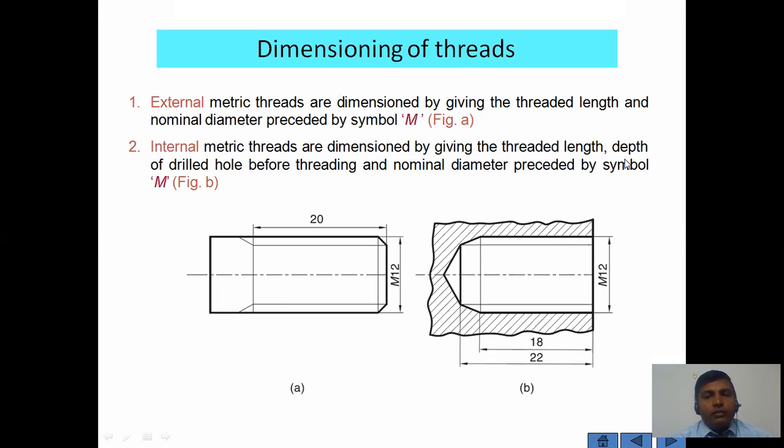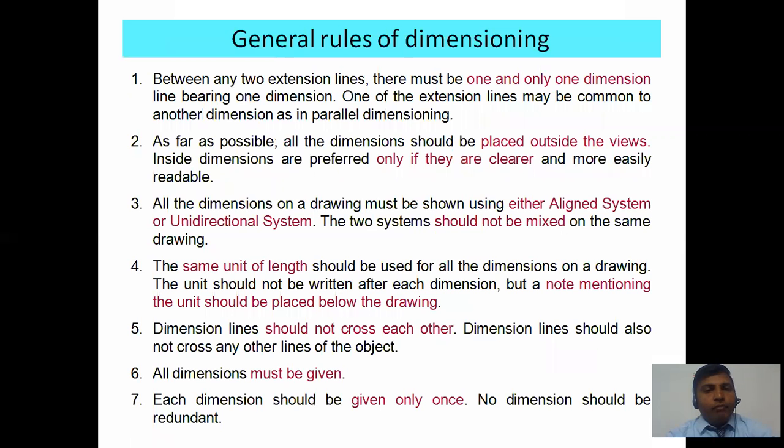Internal threads are dimensioned with the threaded length, the depth of the drilled hole before threading, and the nominal diameter preceded by the symbol M. Again, the same thing is there. So if M is there, then it is the nominal diameter of the particular threaded hole.